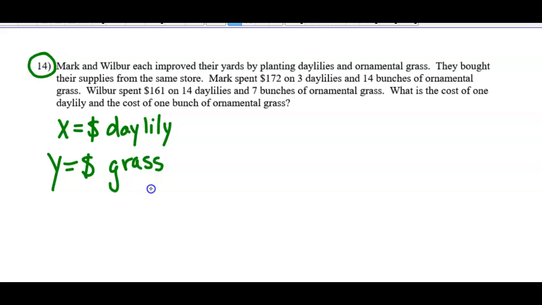Okay. In Delta Math, there are some where you have to pick the right, what are they looking for like this? And then there are some where they tell you what X and Y will stand for. Some of each.